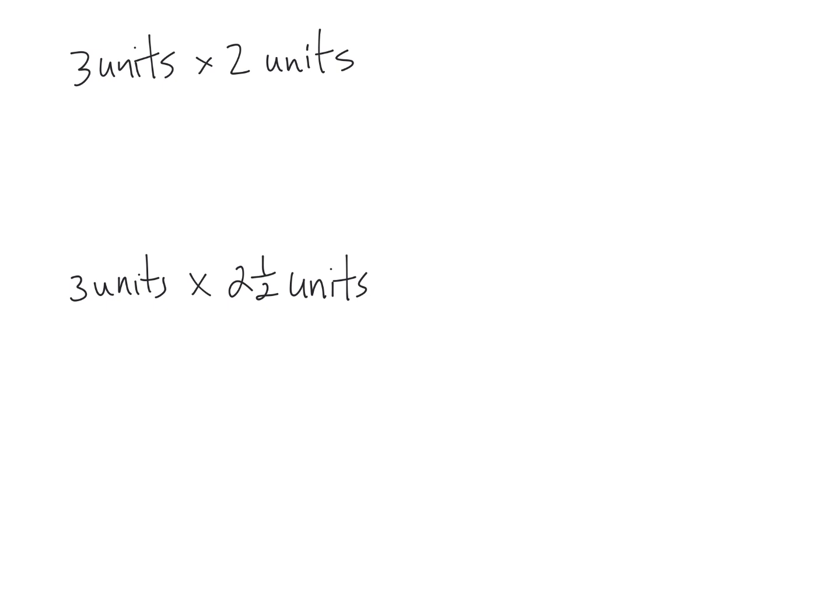So we could think of this as 2 plus 2 plus 2. And down here, we could think of 3 units times 2.5 units as 2.5 plus 2.5 plus 2.5. And that's just the idea of repeated addition.